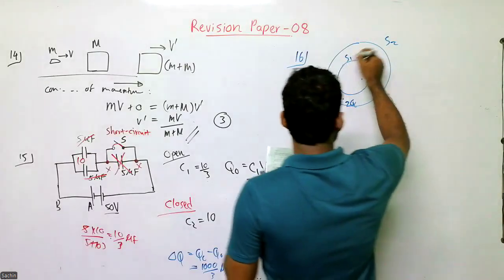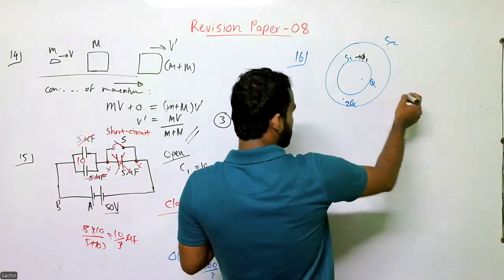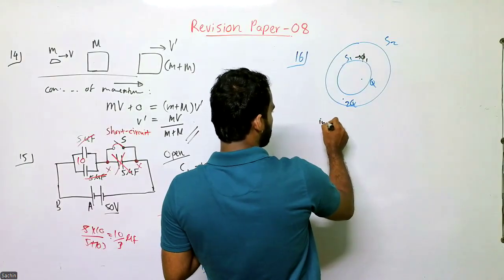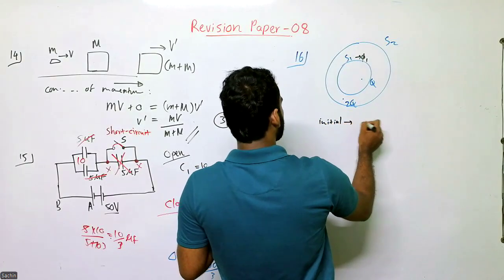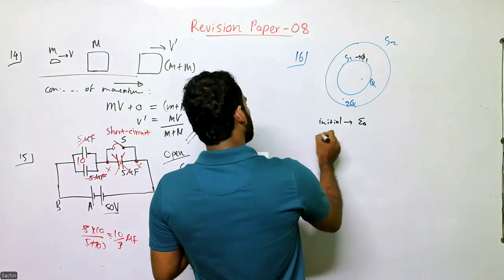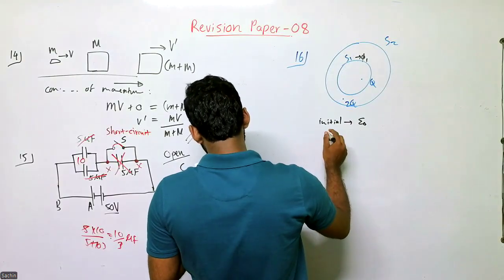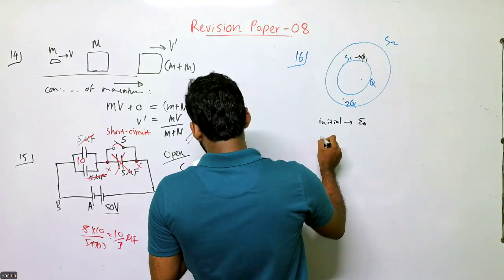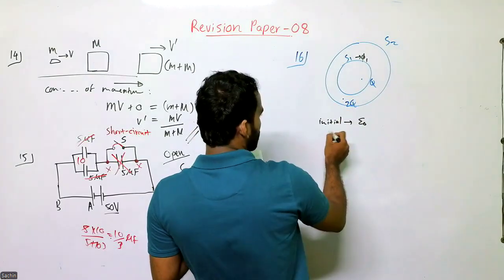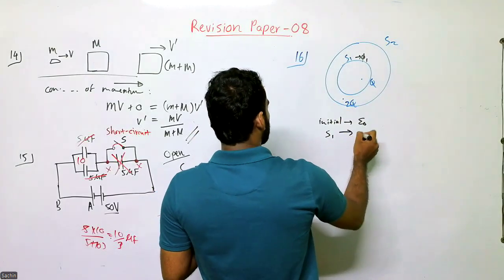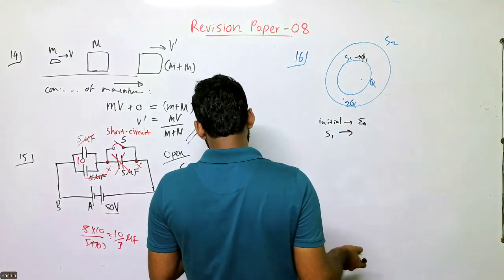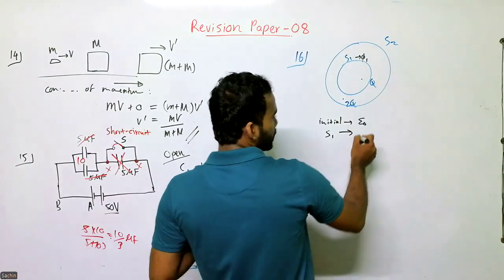So the flux through S1 is phi1. Initially it is free medium. Free medium means epsilon naught. After some time, the medium inside S1 is replaced with a medium of permittivity constant 5.